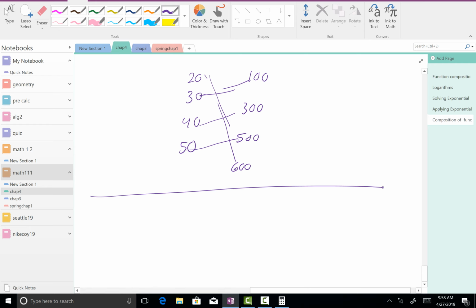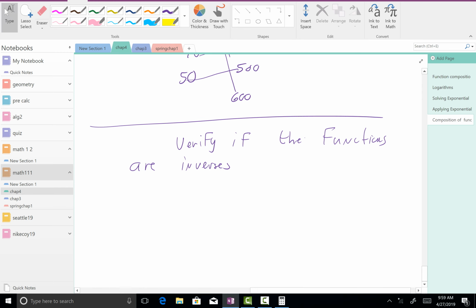So they want to say, hey, are these inverses of each other? And they're going to give you something like this, and something like this. Well, it kind of looks like it.